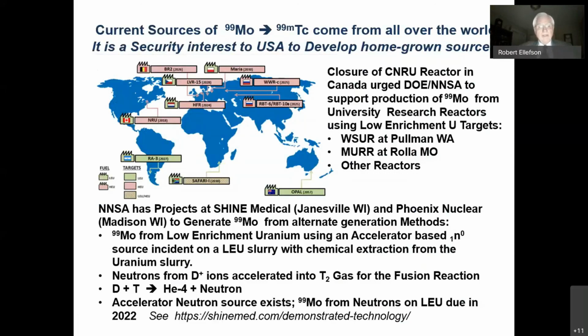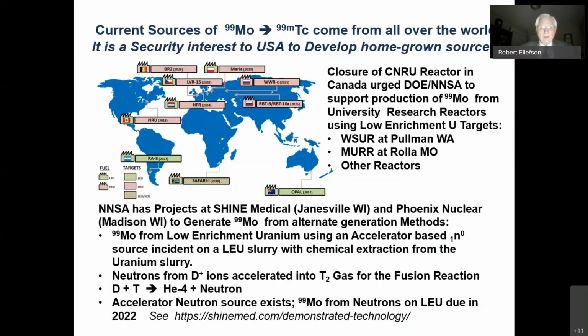Some of the new projects that NNSA is working on is one at Shine Medical in Janesville, Wisconsin, and together with Phoenix Nuclear in Madison. And this is to generate Moly-99 from an alternative generation method.